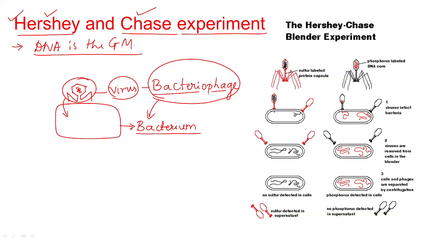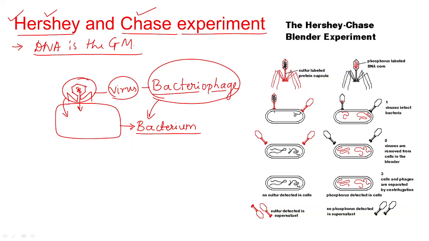Instead of entering the cell completely, what will it do? It will just send its genetic material inside the cell, into the bacterium or the host cell, for the further infection.